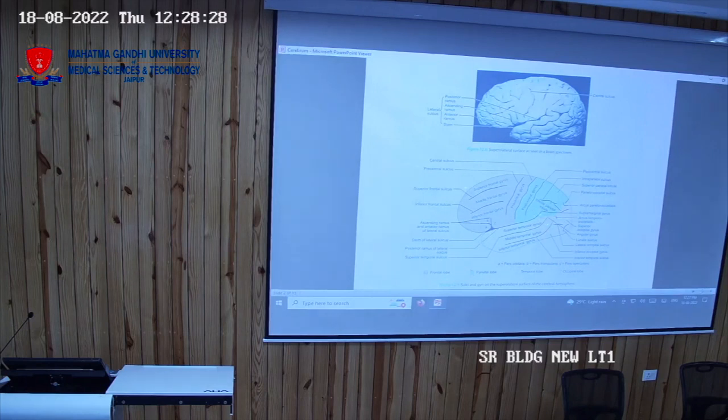So the area of the posterior ramus of the lateral sulcus, and the superior temporal sulcus and inferior temporal sulcus reaching here, this area is called the supramarginal gyrus. The posterior ramus of the lateral sulcus which is reaching into the inferior parietal gyrus, that is the supramarginal gyrus.